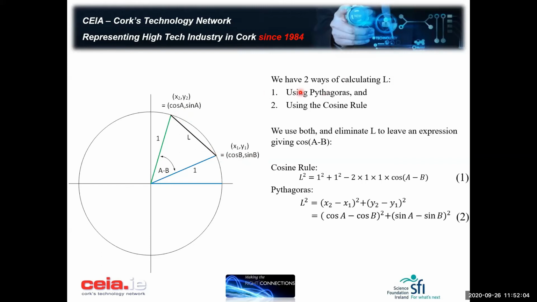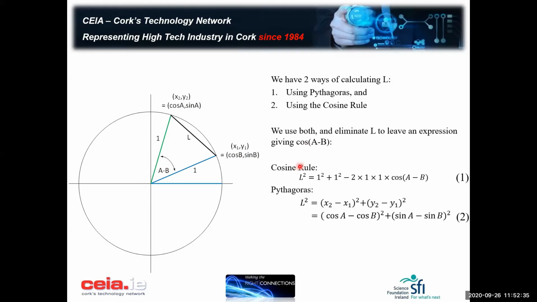So that's one way to calculate L. But we can also work out L using the cosine rule in terms of the cosine of this angle A minus B. And by working it out those two ways and comparing, we can eliminate L and get a formula for cosine A minus B in terms of these other terms, cos A, sine A, cos B, sine B. Okay, so that's the strategy.